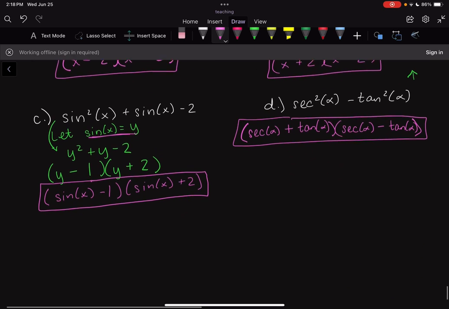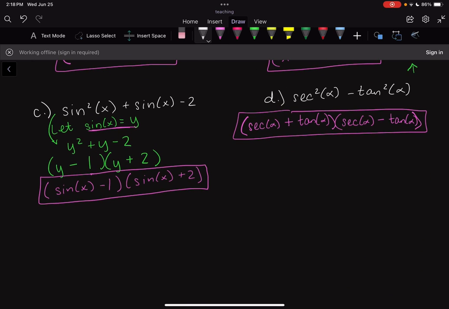Now I want to do another type. This is factoring if the first number is not 1. So for instance, in part C, you see how there's nothing in front of the sine? It's because there's a secret 1 right there. So let's see, I'll do 2 cosine squared alpha plus 3 cosine alpha plus 1.